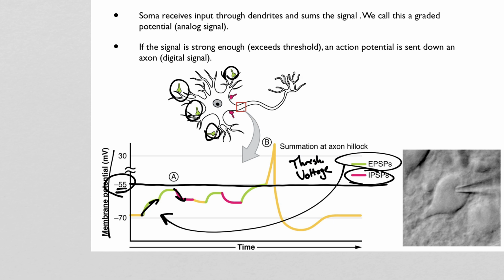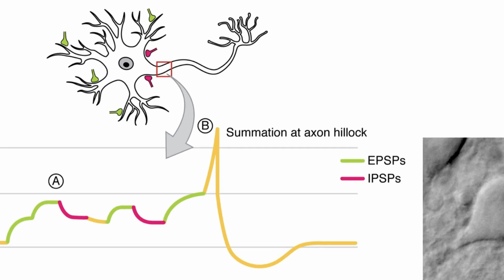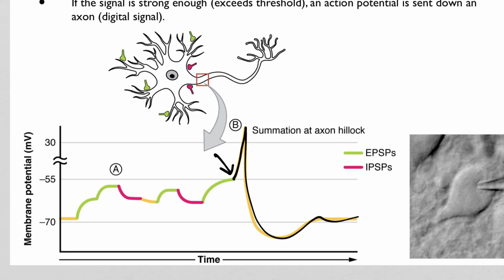And the action potential on the graph, that's this spike that happens, right? So if you hit this threshold value, you get an action potential. If you don't hit that threshold value, you don't. So EPSPs make an action potential more likely to happen because they send you up towards threshold. And IPSPs make an action potential less likely to happen because they push you down further away from threshold.